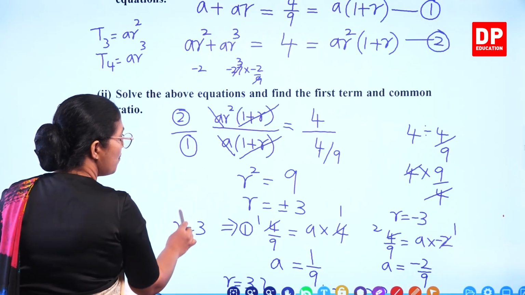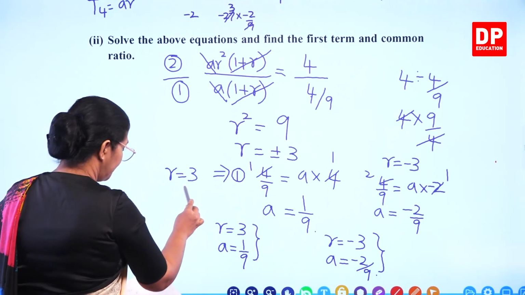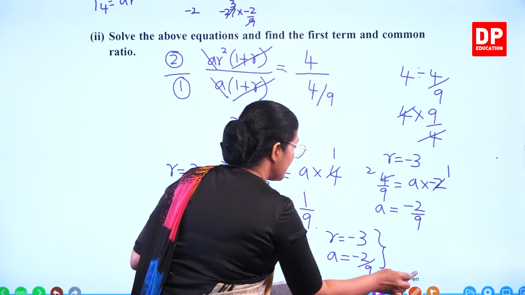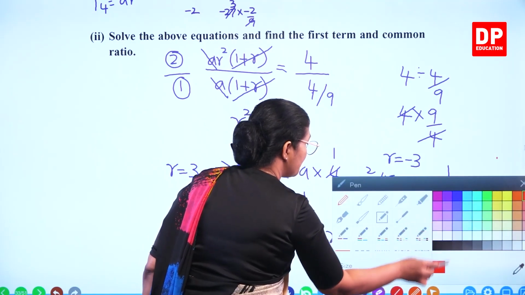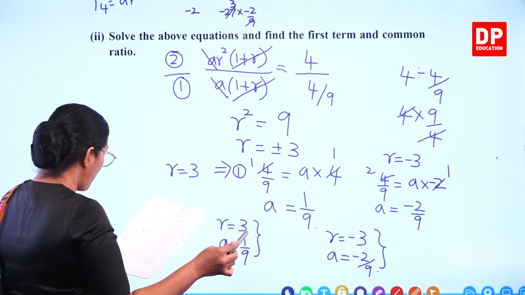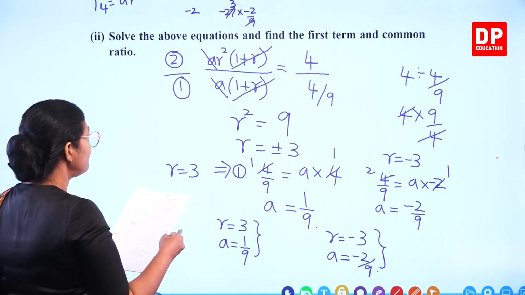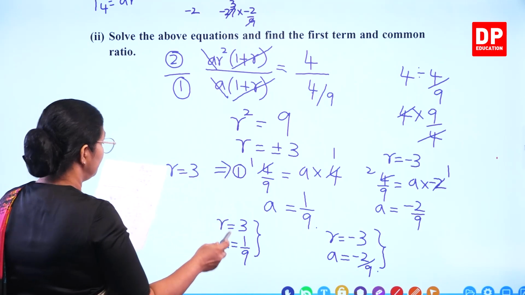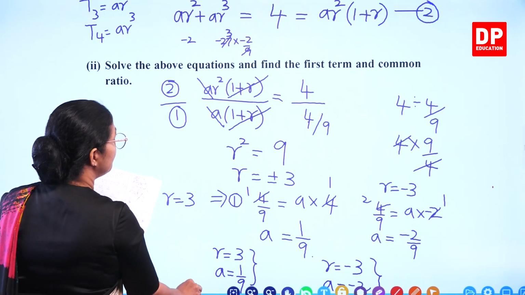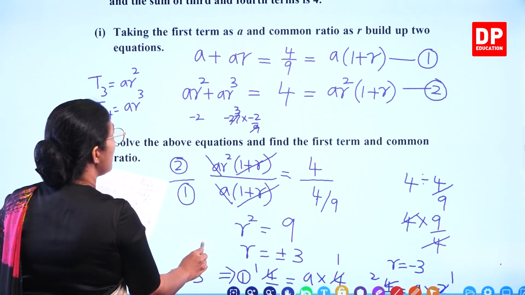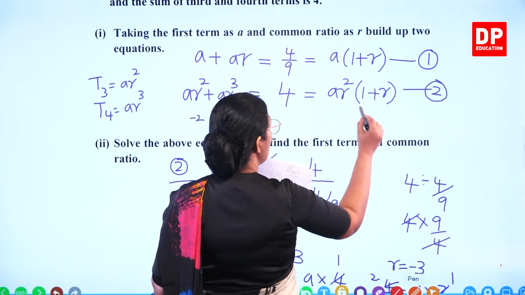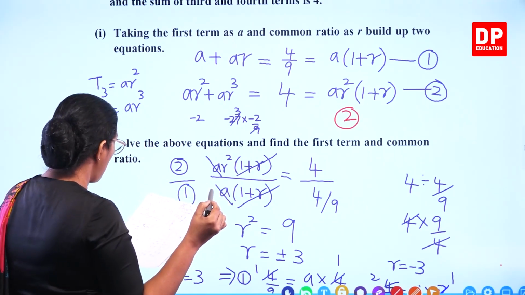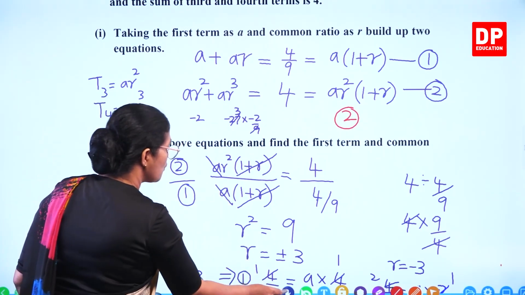So you can keep both answers, 3 and 1 over 9, and you can keep the negative answer as well. So 5 marks for this part. And we didn't give marks for this part. So 2 marks for writing the 2 equations, and then 3 marks for solving.